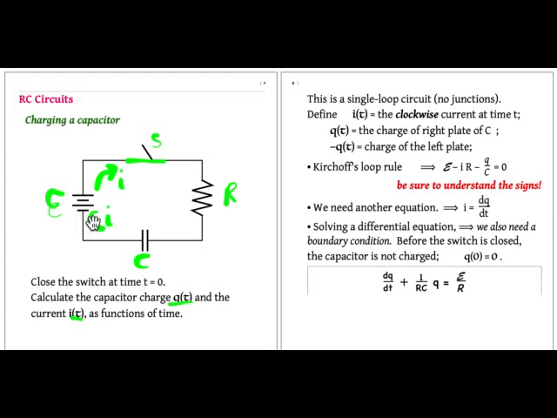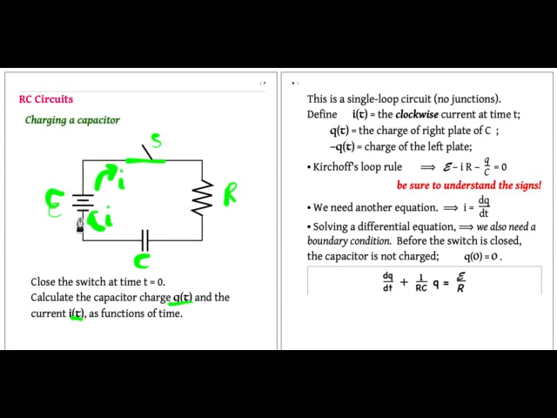Of course, you know it's just the electrons that are flowing. So actually electrons will flow out of the negative side of the battery, and electrons will flow into the positive side of the battery, so that the battery can continue its chemical reactions inside.